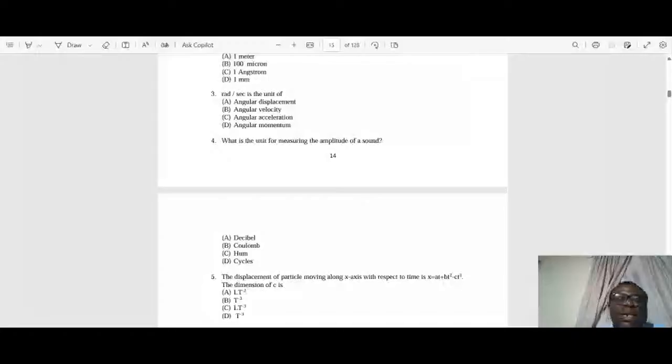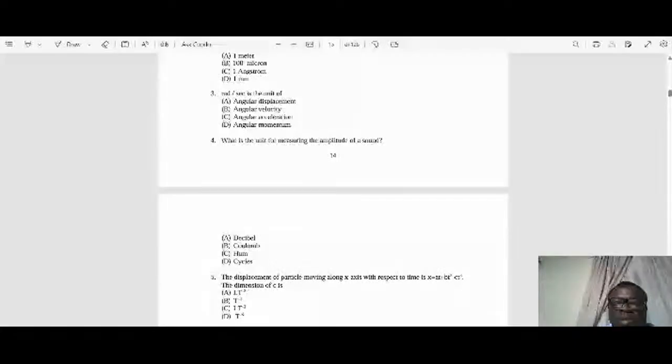This is still dimensional analysis. All these questions are under units and measurements, or units and dimensions. This is an equation, x equal to at plus bt squared minus ct raised to power 3.